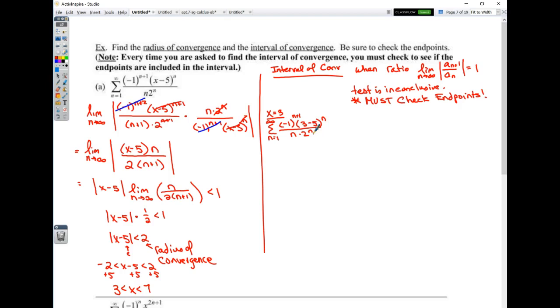We substitute the 3 into the series, which gives us negative 1 to the n plus 1 times negative 2 to the n over 2 to the n. I forgot the times n there. Do you agree with that?